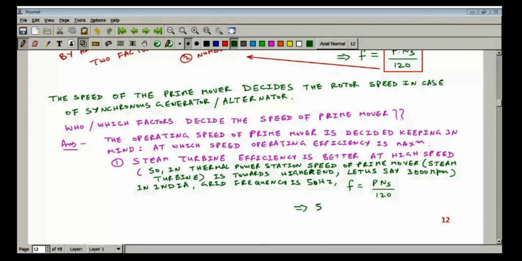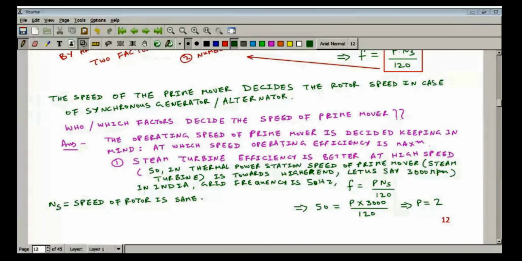F is 50 Hz, P you want to find, and Ns is 3000 divided by 120. So this will let you know that P equals 2. The speed of rotor Ns is the same as the prime mover speed.